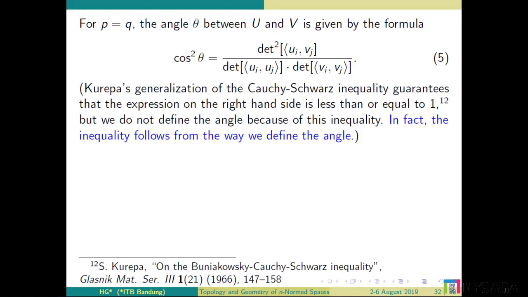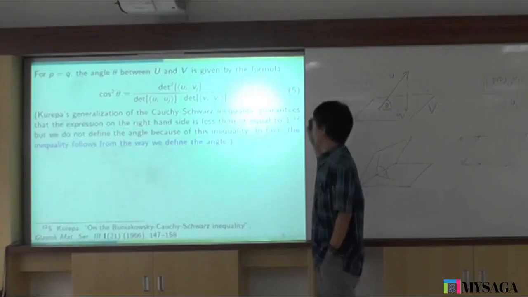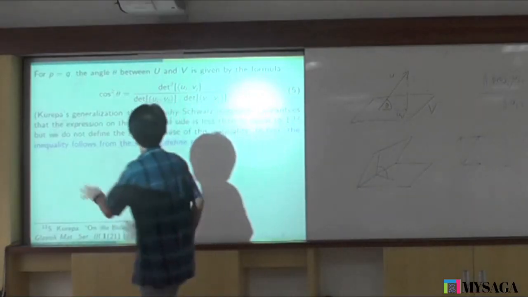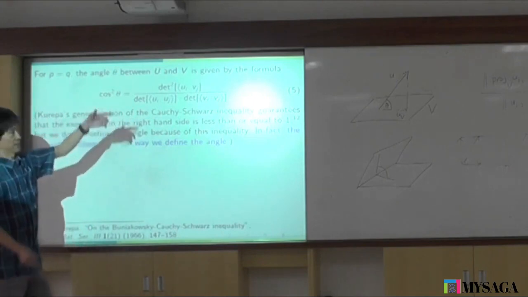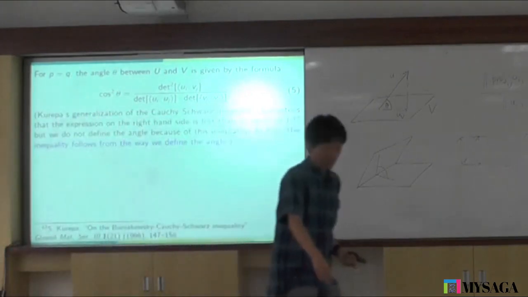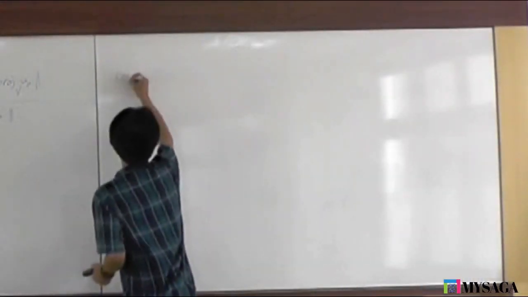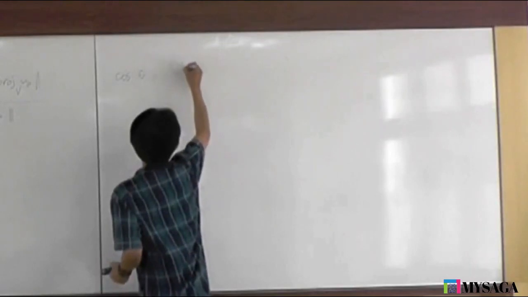Okay. So for p equals q, we can see that the angle theta between U and V is given by this formula. I will show that on the board soon, but I will make some comments first. So this formula looks nice. It's just like the cosine for vectors.